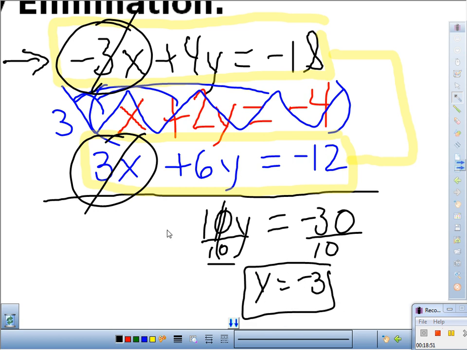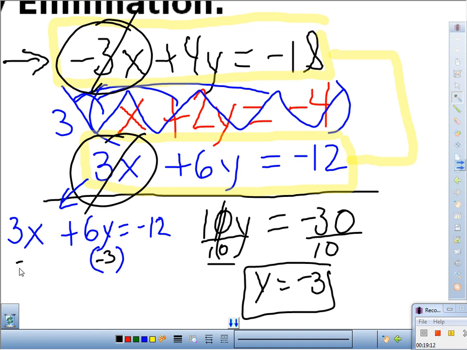From there, which one do you want to use, the one on top or the one on bottom? Okay, let's go with the one on the bottom this time. So I'm going to write 3x plus 6y equals negative 12. But instead of y, I open up parentheses. What goes in there? Negative 3. So we bring down the 3x, the 6, and the negative 12. 3x.